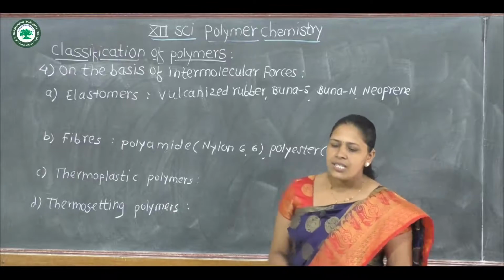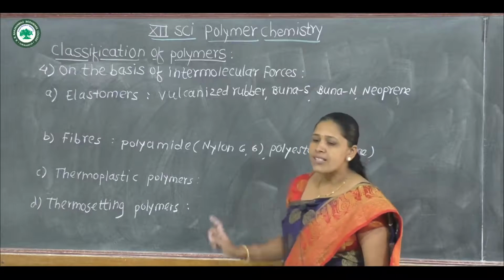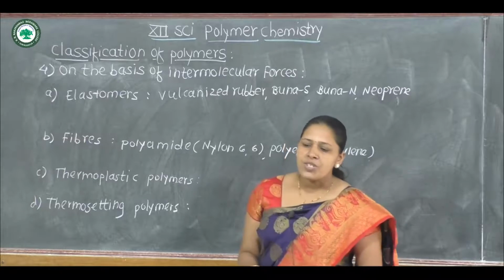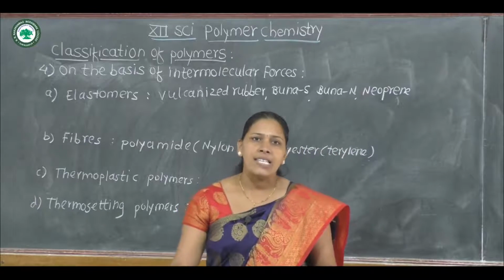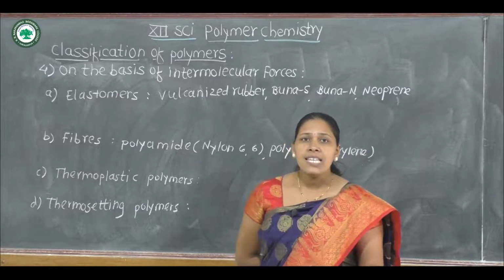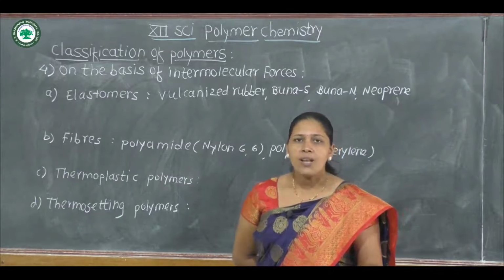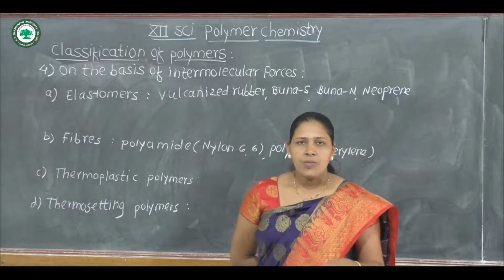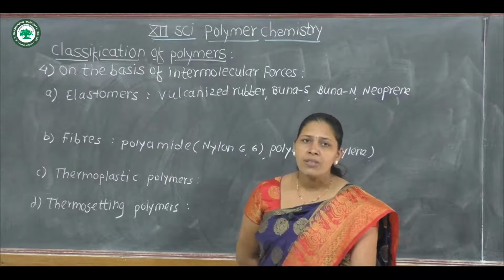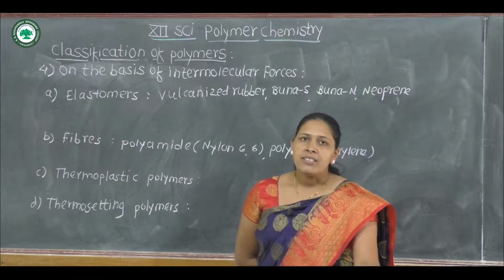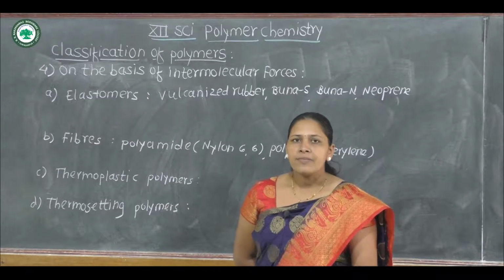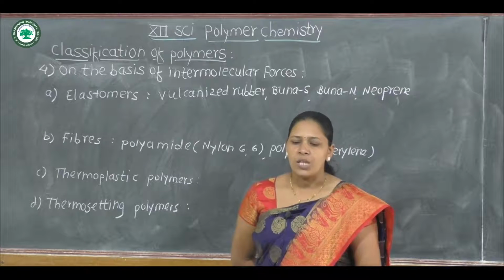Then third one is thermoplastic polymer. First of all, what is meant by plasticity? It is the property of being easily shaped or molded. Thermoplastic polymers are capable of repeated softening on heating and repeated hardening on cooling.